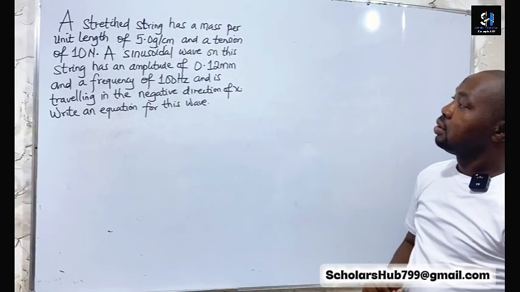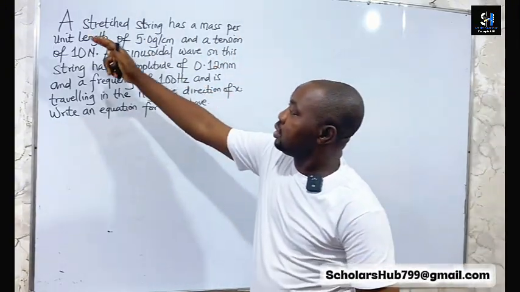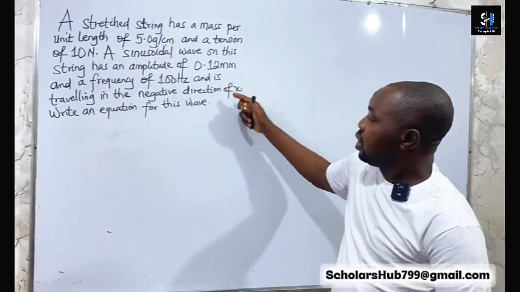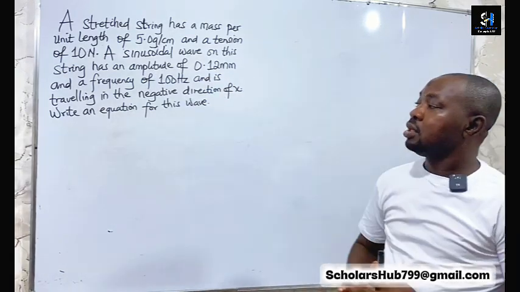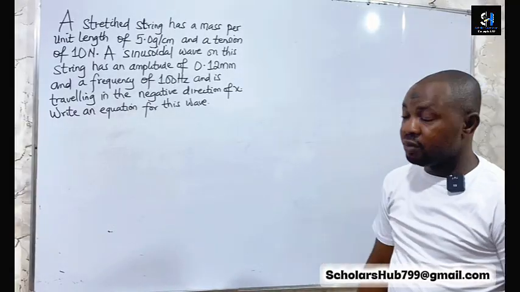Why I said this is a two-in-one question is that we need to understand what to do here. Then every other thing we have here, we already know, is for writing the equation for the wave.